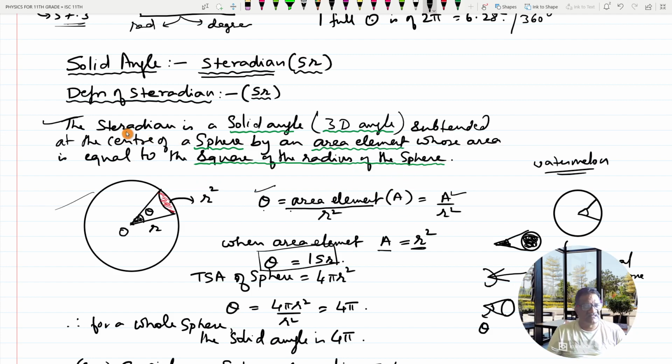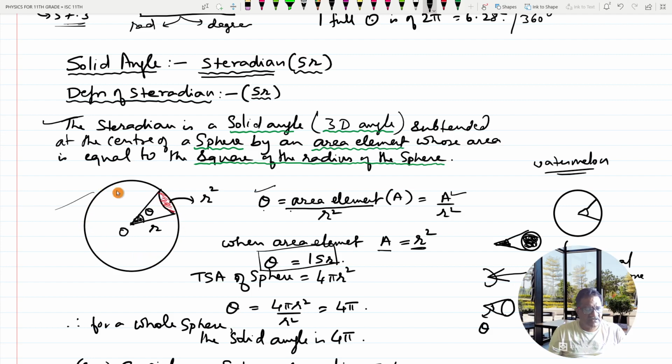So 1 steradian is that angle where the element area and the radius square are equal. When these two are equal, we say that the solid angle is equal to 1 steradian, right?